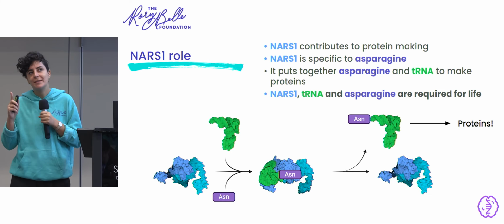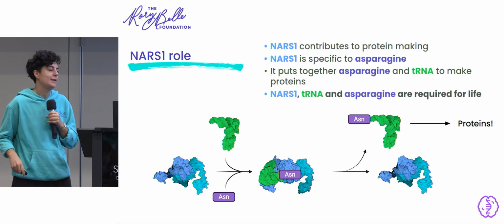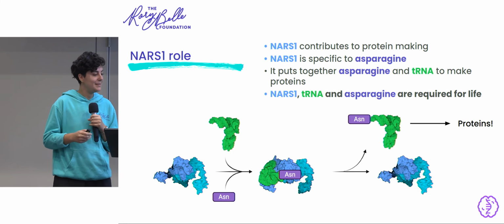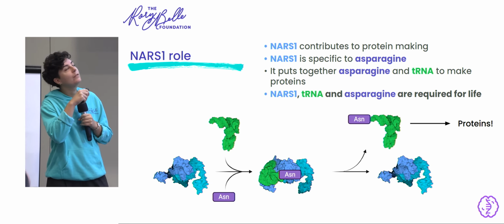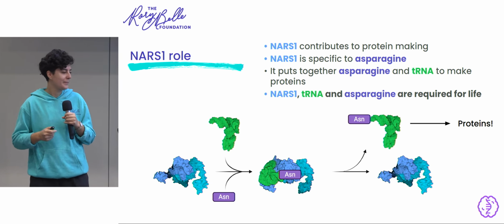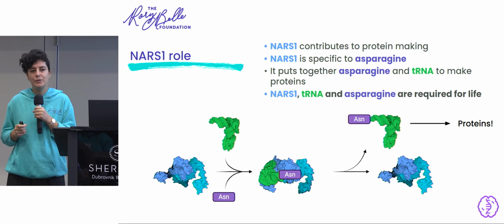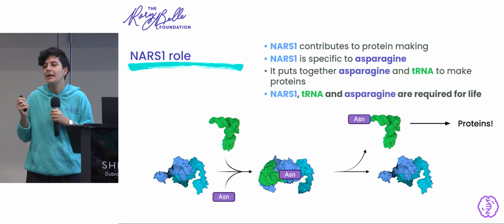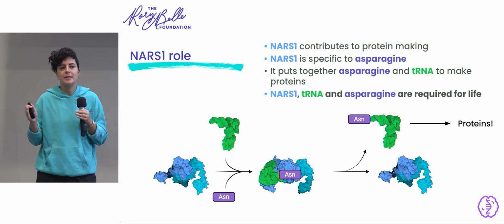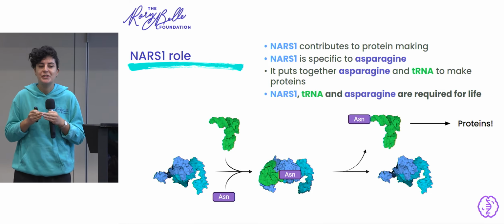Just to get a little more sciencey, and I promise that's the most sciencey I'll get. This is what NARS1 looks like, here in blue. So this is what it actually looks like in the cell. And NARS1, as I just mentioned, contributes to protein making and works together with asparagine.